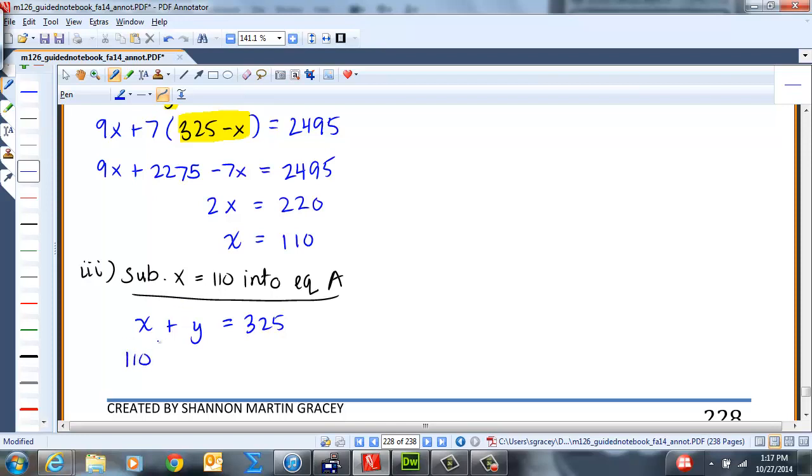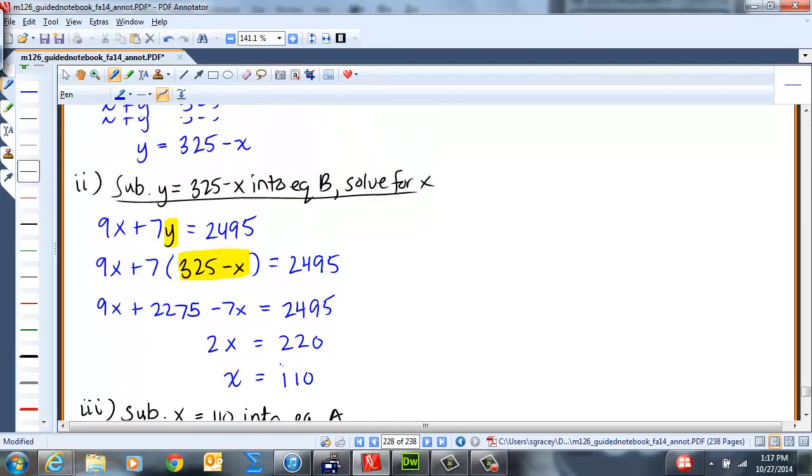So 110 plus y is 325. This is what we had gotten for x. And that would leave y to be 215.